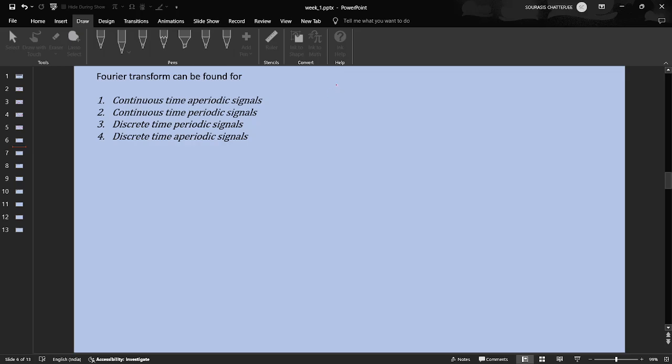So let us talk about Fourier series here first. This I am doing because from the idea of Fourier series only I will try to derive the concept of Fourier transform. So what is this Fourier series and Fourier transform? Let me write in short.